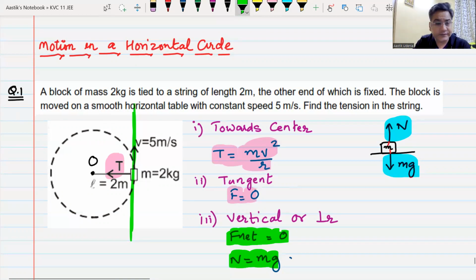Let us move ahead and see some more examples on this so that we are able to understand this. Let us move on to the next question.